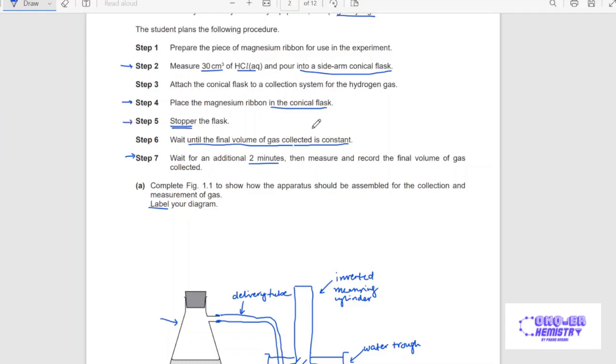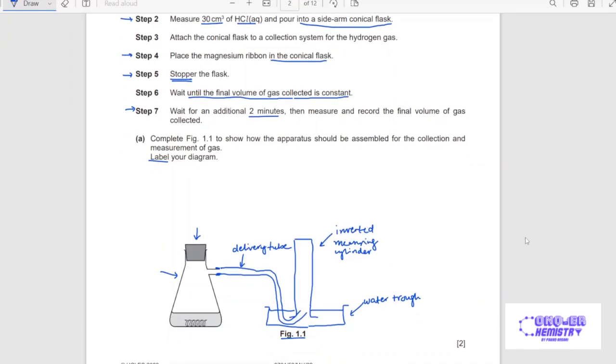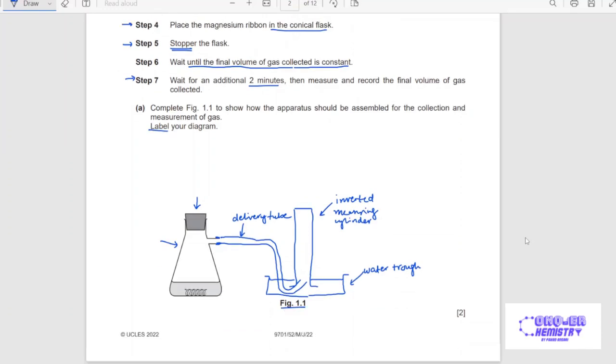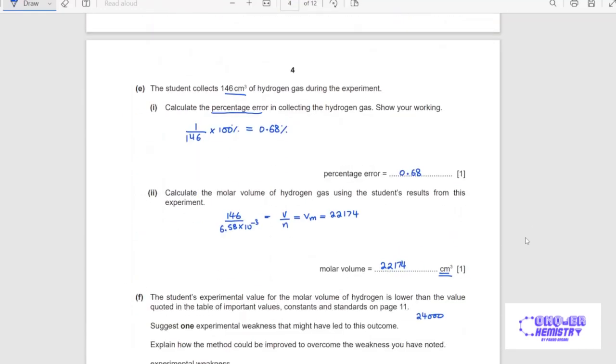So there might be a delay in stoppering the flask. That is the stopper over here. If we have that delay in stoppering the flask, then some of the hydrogen might escape, and this is a very quick and vigorous reaction, and so that is highly possible that it might have happened. Okay, so that's what we're going to write over here.